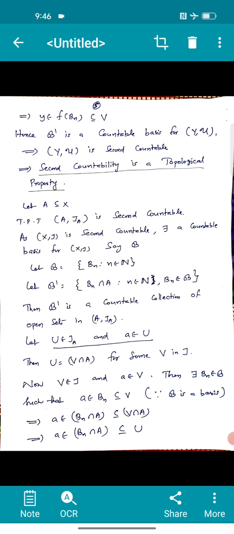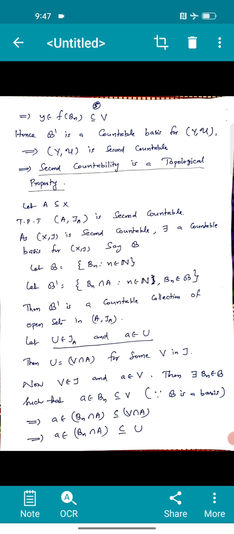Here, if U is an element of tau_A and a is a point in U, then U = V intersection A for some V in tau. Now V is in tau and a is in V. Then there is a basis element Bn in B such that a is in Bn ⊆ V, because B is a basis.